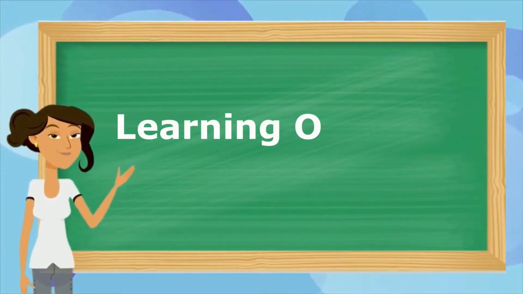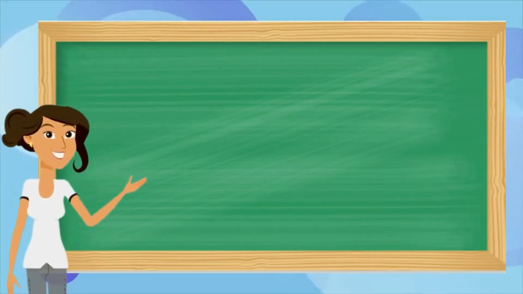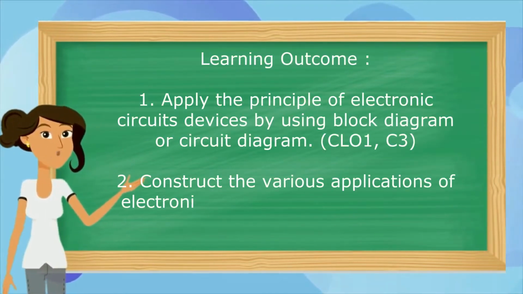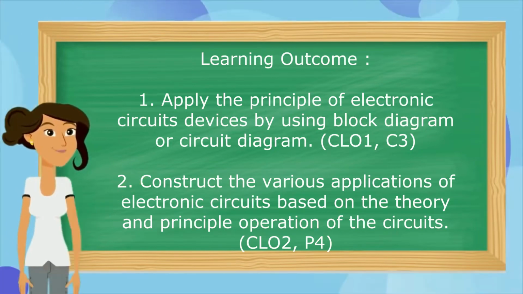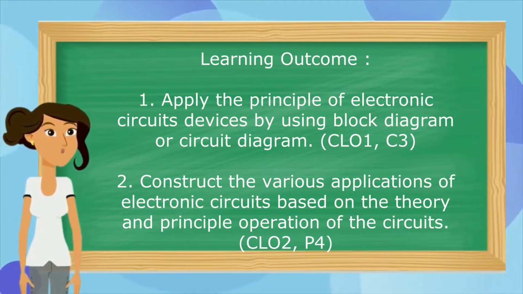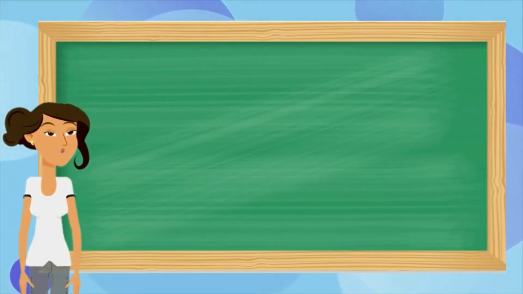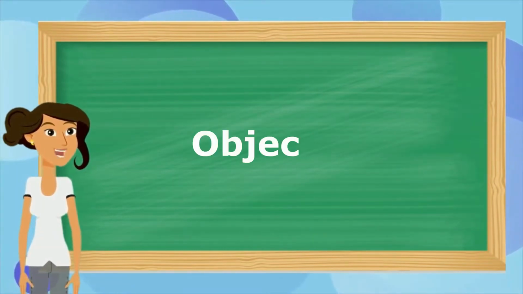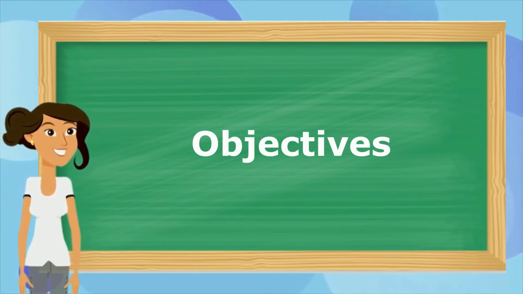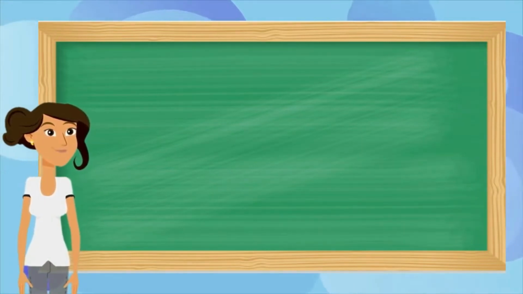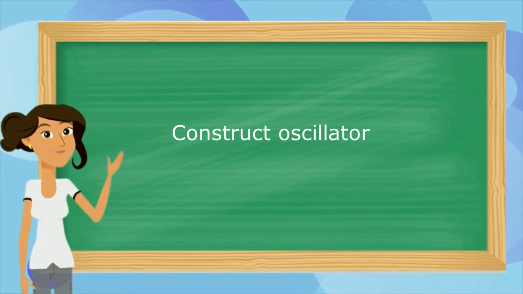The learning outcomes from this experiment: first, apply the principle of electronic circuit devices by using a block diagram or circuit diagram. And the second one, construct various applications of electronic circuits based on the theory and principle of operation of the circuit. Objectives of this experiment: after doing this practical, students should be able to construct an oscillator circuit.